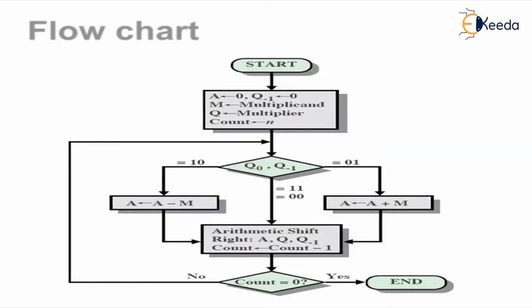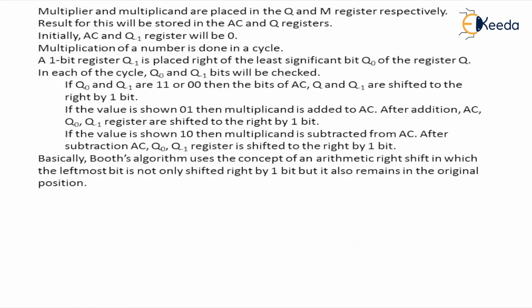Let us look at it step by step. Multiplier and multiplicand are placed in the Q and M registers respectively. The result will get stored in the accumulator and Q registers. Initially, the AC and Q minus 1 registers will be 0.